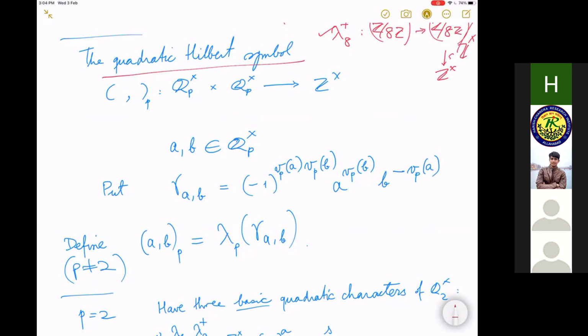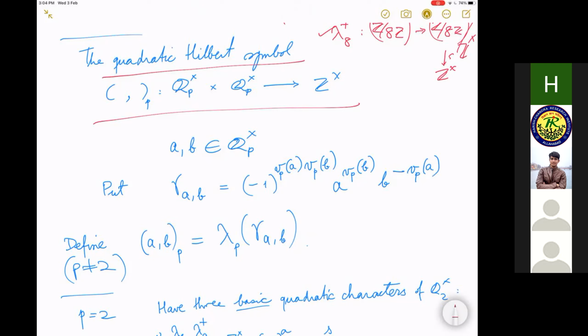So we will write down some formulae, and you might wonder, where do these expressions come from? The answer will come later. So towards the end, at least, I will explain why you define this quadratic Hilbert symbol the way I'm going to do it today. Okay?